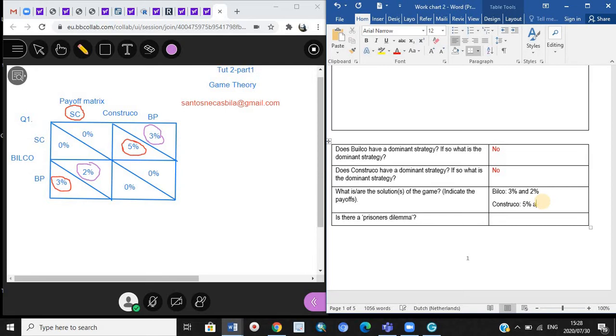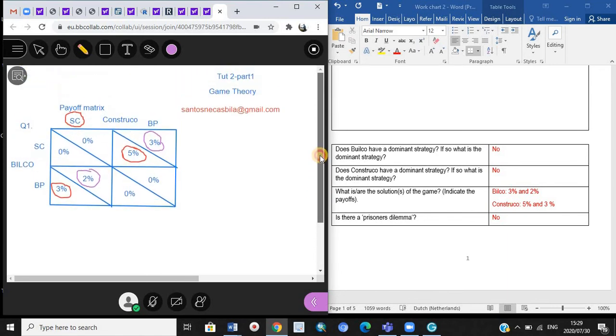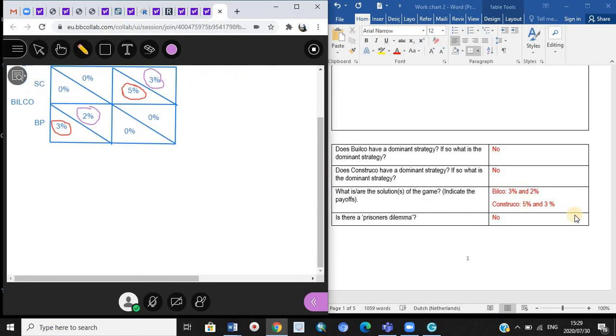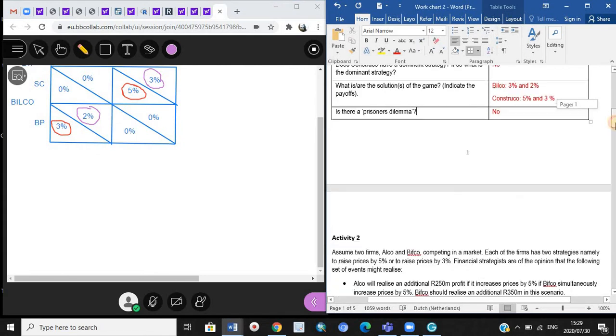Very good. So this is basically what the solutions are. So the question is, is there a prisoner's dilemma? No, there's no prisoner's dilemma. All right. So here's how we construct all of these payoff matrices, and here's how we analyze each and every strategy. Okay, so let's move to question 2.